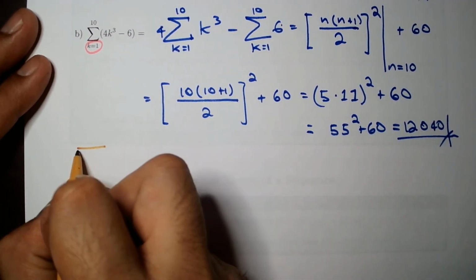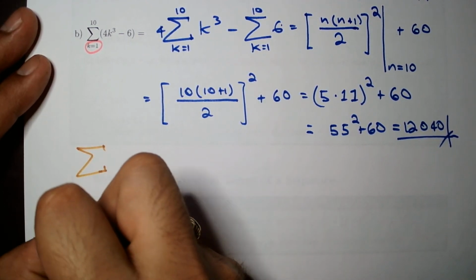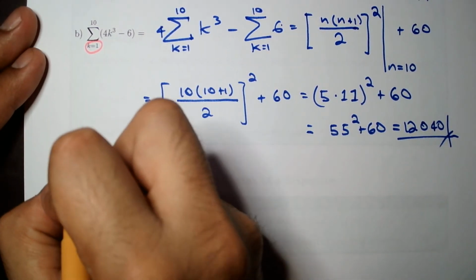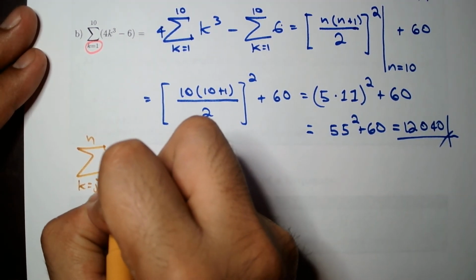So sigma going from k equals j plus 1 to n, what we do is split the sum. Let me just call it a sub k.